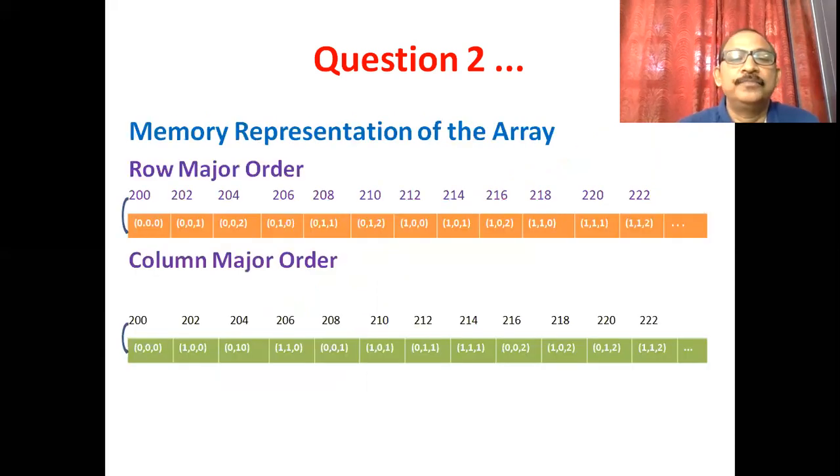Here is 0, 0, 0, the first element in the first column. Next is 1, 0, 0. Next is 0, 1, 0. Here you can see the page is the same and the column varies: 0, 1, 0, then 1, 1, 0, and here is 0, 0, 1 and so on.